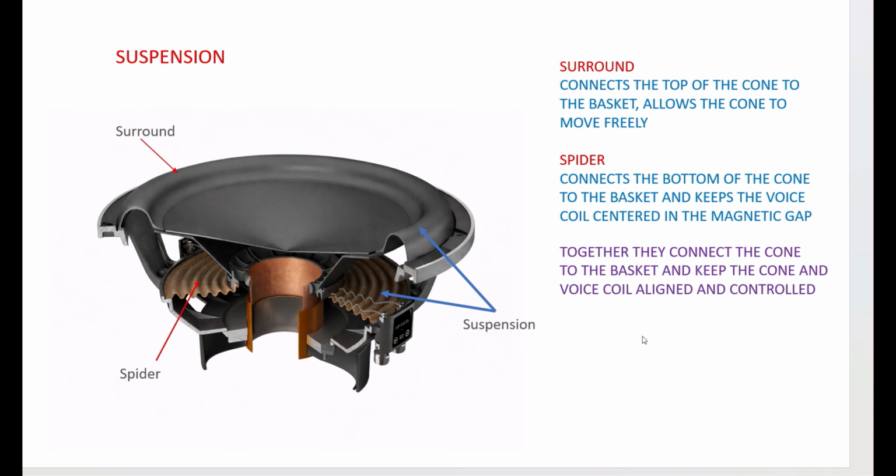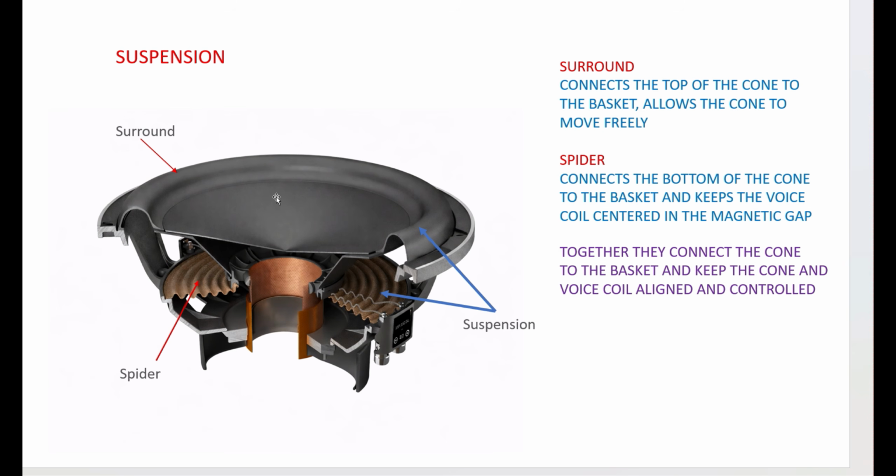Between the two of them, they make up the suspension. It's called a suspension because it acts like the springs or shock absorbers in your car or the springs on a trampoline. They allow the cone to move up and down, they move along with it, and they provide a level of force against the movement of the cone itself.